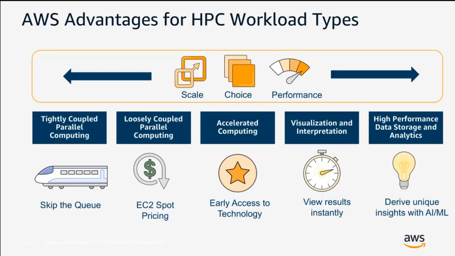And based on those choices, you can reach just about any performance profile that you are required to reach. So if it is accelerated computing with GPUs, there are resources available for that. And if it is a massively parallel workload that gets deployed, loosely coupled parallel computing as listed here, we have the ability for you to reach any performance profile you need at just about any scale.